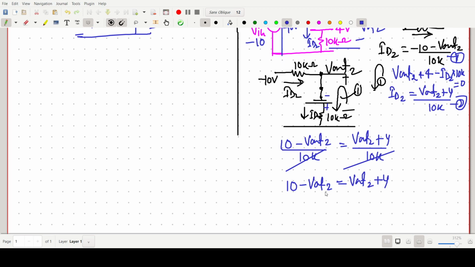Now from here we can write twice V output 2, then 10 minus 4. Is it okay? Then it will be 6 something.